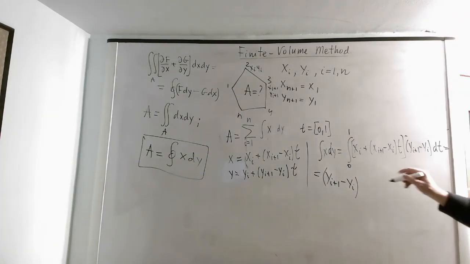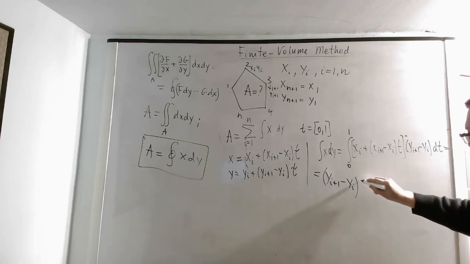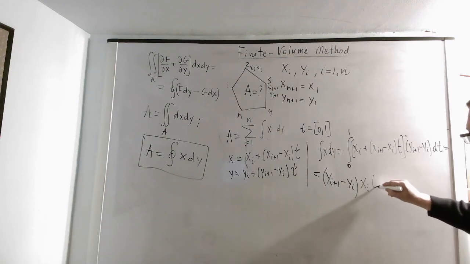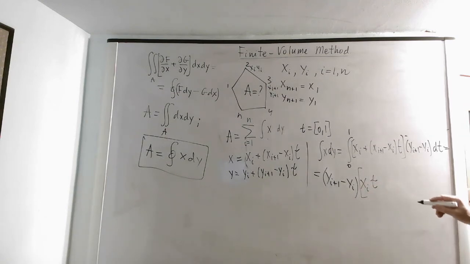And here we have the integral of x dt, so it becomes xi t plus (xi plus 1 minus xi) t squared over 2, evaluated from 0 to 1.